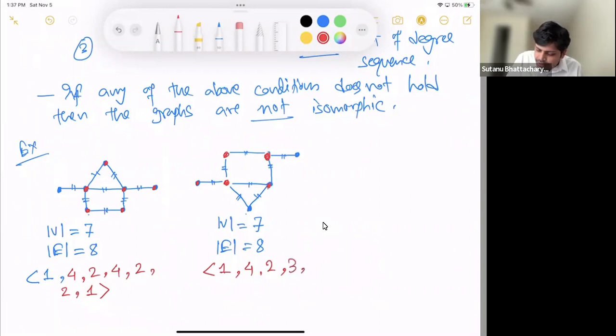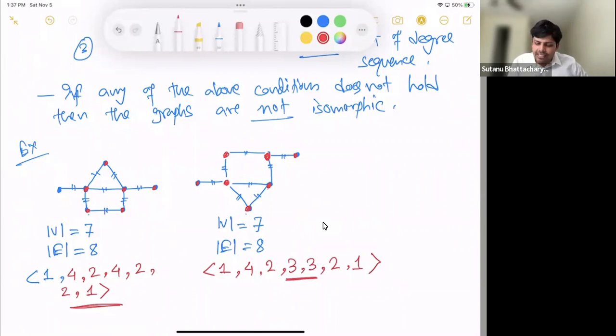This node, the degree is 1, 2, 3. For this node, the degree is 2. And for this node, the degree is 1. Now see, we have seen that in this graph there are 2 vertices with degree 3. But here there are no vertices with degree 3.